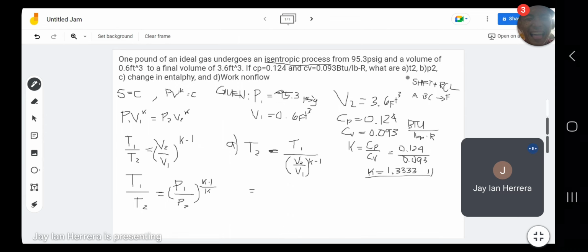Isn't T1 given? We can solve for T1 first via PV = mRT, the ideal gas law.